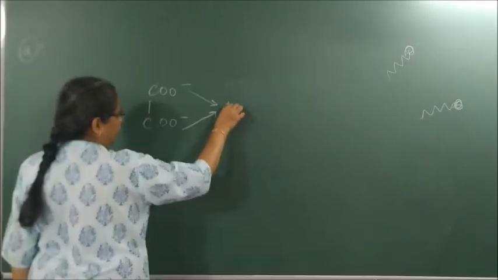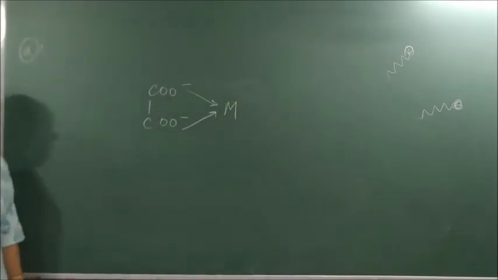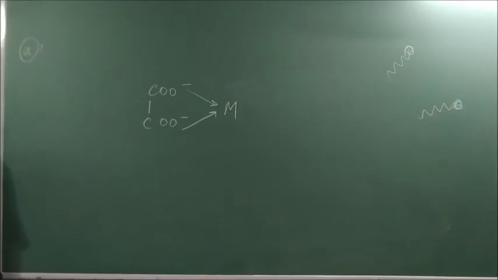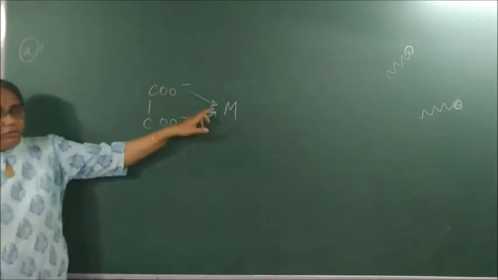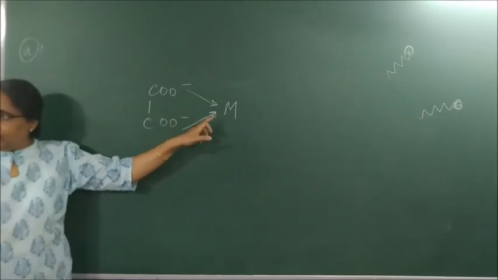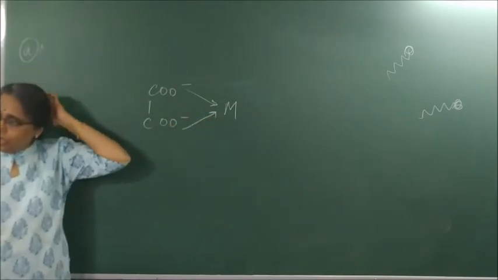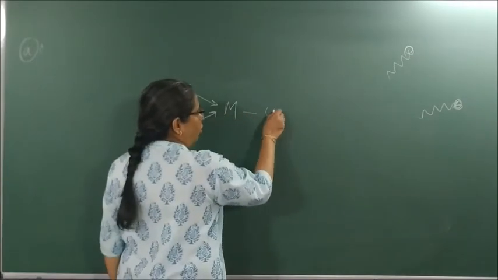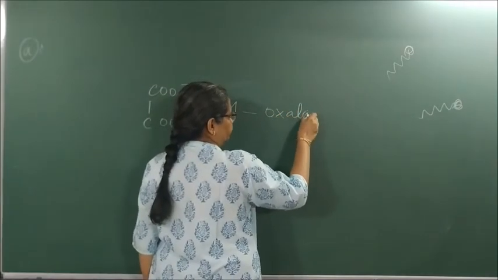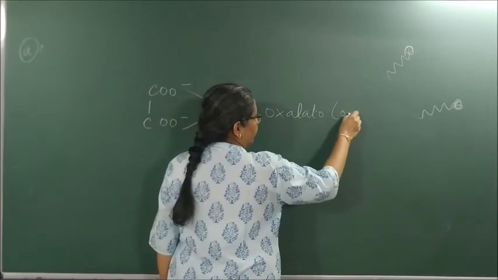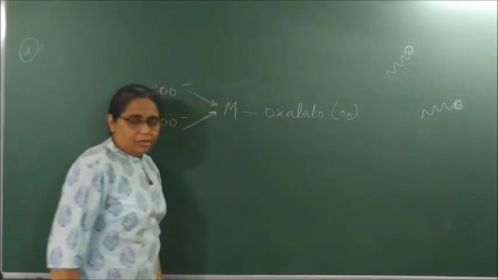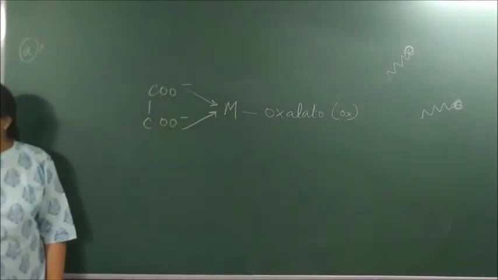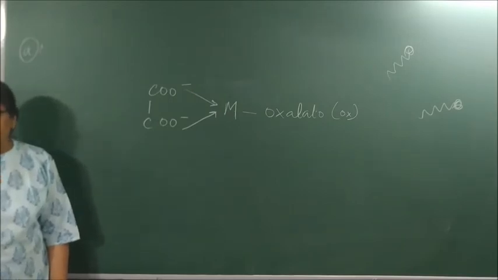This electron pair can be donated, and this also can be donated. So it is called a bidentate ligand. Oxalato is abbreviated as ox. It is a bidentate ligand.